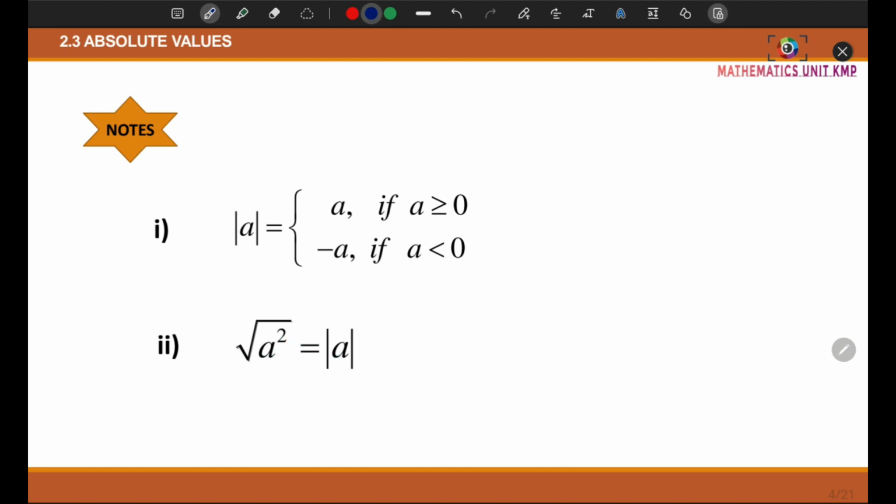For example, the absolute value of negative 2 is also equal to the square root of negative 2 squared, which is the square root of 4, equal to 2. So here we can see that the absolute value of a negative number will also give a positive number by using this definition.